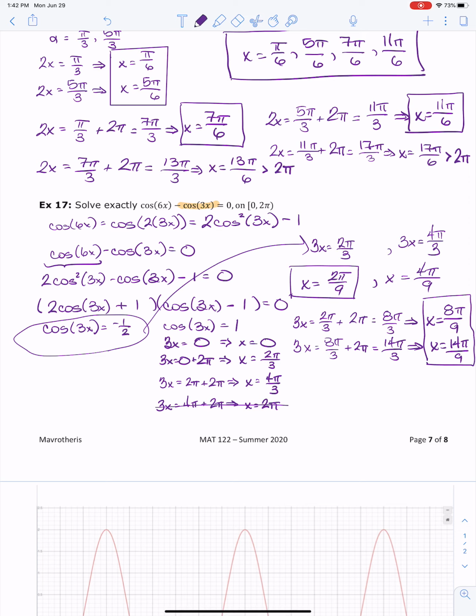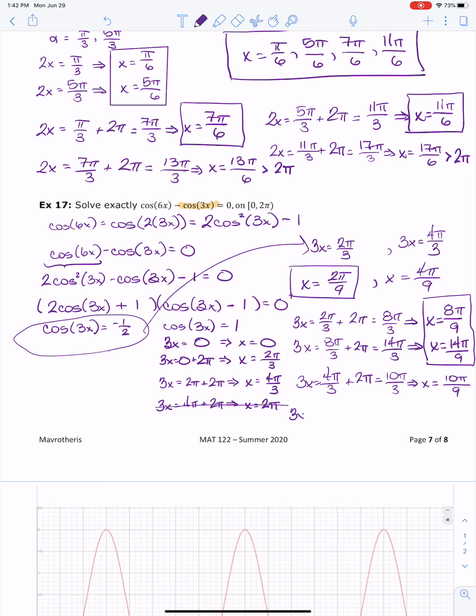Okay, let's try our 4 pi over 3. So I got 3x, now 4 pi over 3 plus 2 pi. So 4 pi over 3 plus 6 pi over 3 gives me 10 pi over 3, which when I divide both sides by 3, I get 10 pi over 9. Just a little bigger than 1 pi, so definitely less than 2 pi.